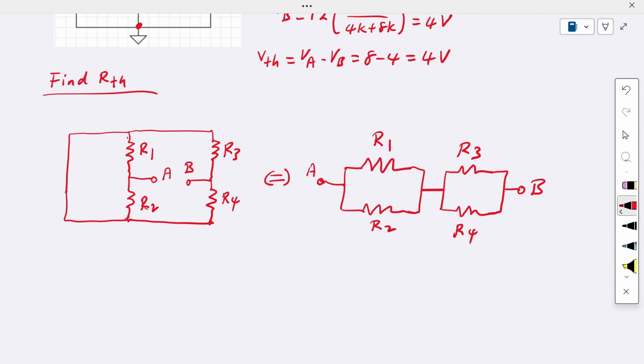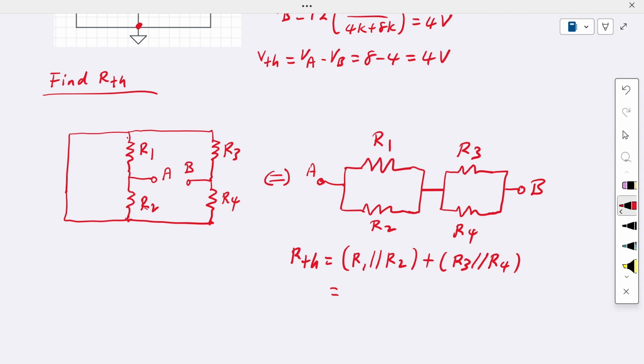So the RTH value will be equivalent to R1 in parallel with R2, and then these two are in series with R3, and then in parallel with R4.